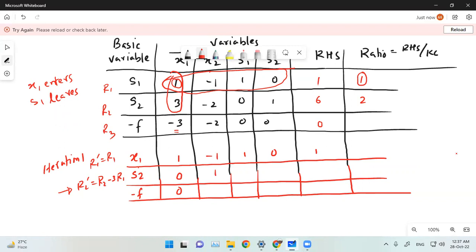Then 0 minus 3, so -3. Then you'll have 1 minus 0, it will be 1. Then 6 minus 3 will be basically 3.